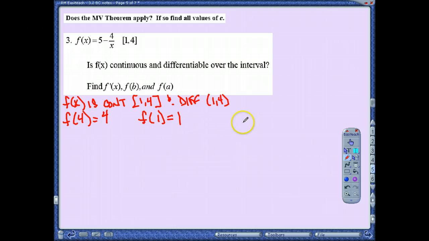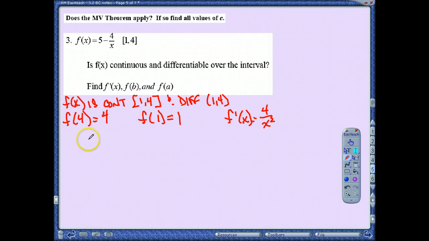Okay. Let's find our derivative now. Well, the derivative of 5 is 0. The derivative of negative 4 over x is 4 over x squared, using our power rule.